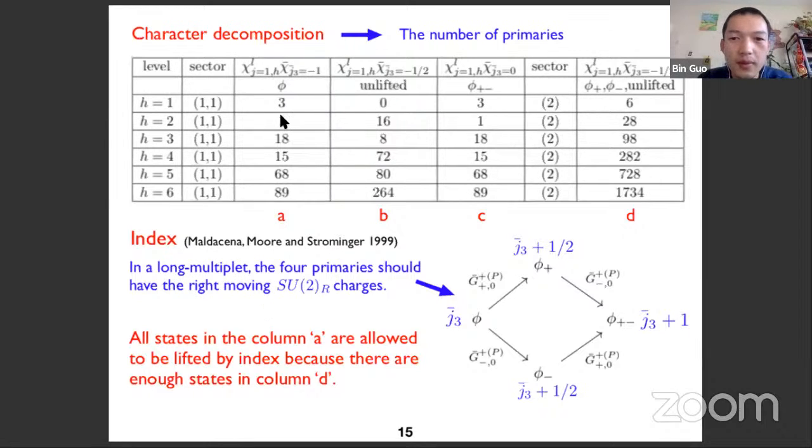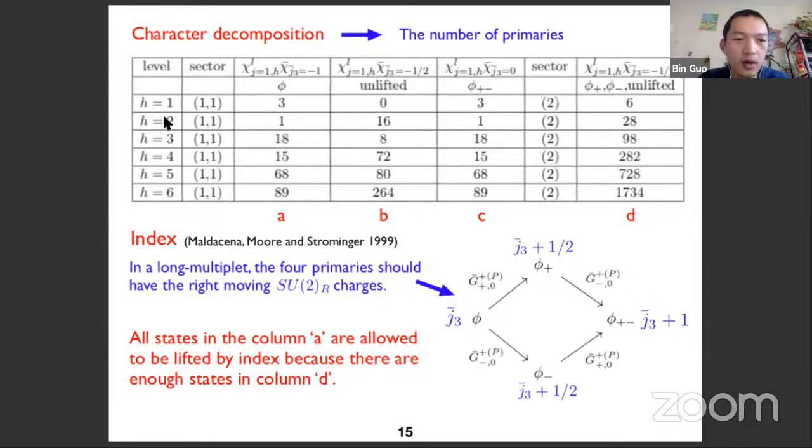And now let me give you an example of this long multiplet structure. For example, at level 1, you have 3 in column A. So you need 6 in column D, 3 φ+ and 3 φ-, to complete the long multiplet, and 3 in the column C. So it is possible to join all the primaries at level 1 into 3 long multiplets.